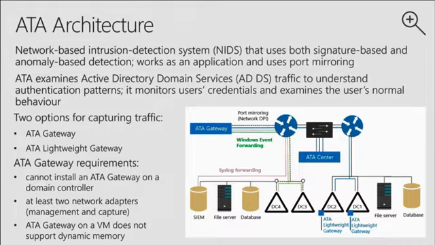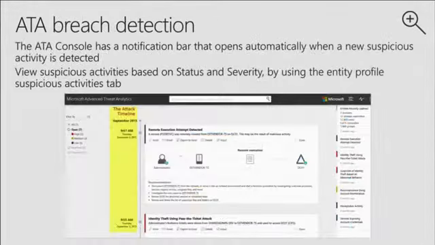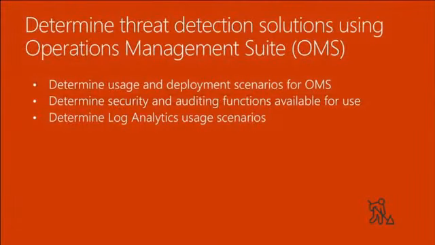You are not installing this on a domain controller; instead it uses the port mirroring feature and logs all events related to access to the network, Active Directory, authentication, and so on. ATA Center is monitoring everything and providing you some information and reports. You should be familiar with this, because it was previously something available in Azure, but now we have it on Windows Server.